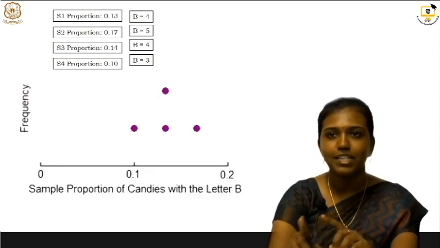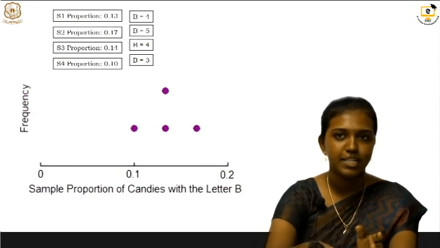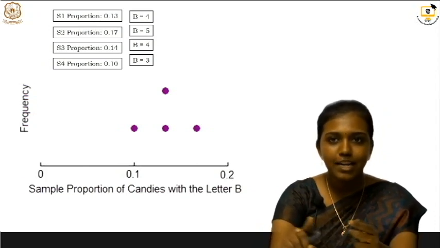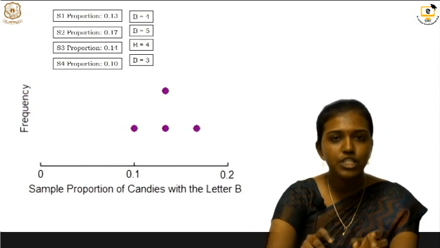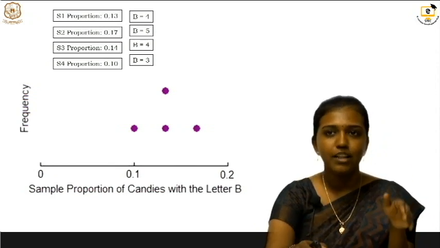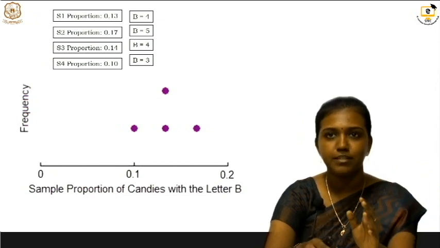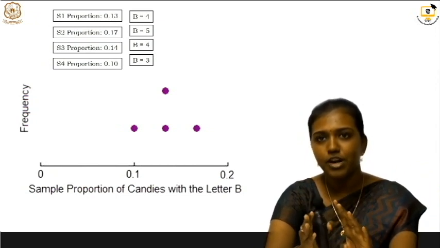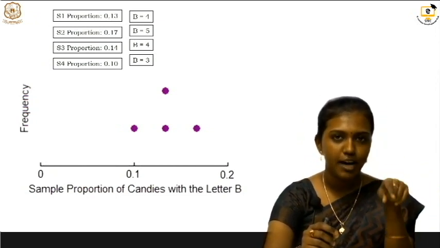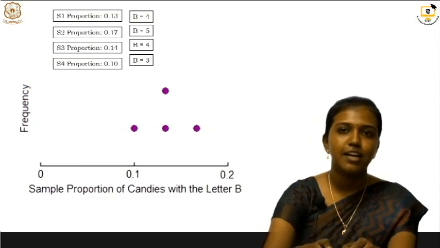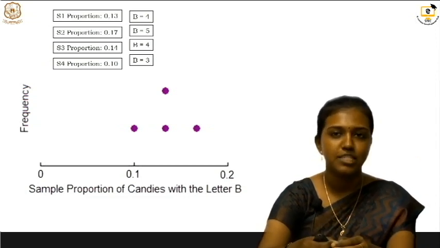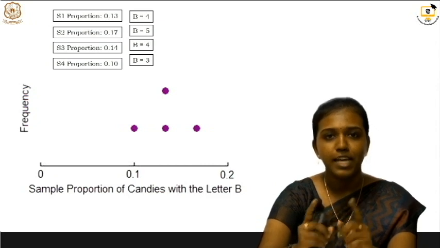You will get a graph like this when you plot it. The x-axis represents the proportions of Bs and the y-axis represents the frequency with which each proportion occurs. For example, let's say B is 4 in number, the frequency represents that, and the x-axis represents your proportions. So you get something like this.